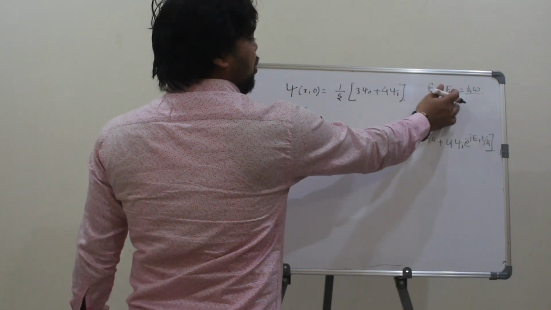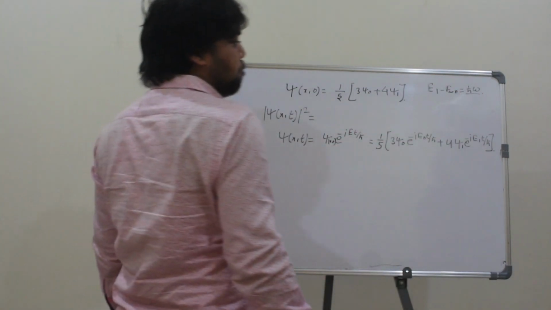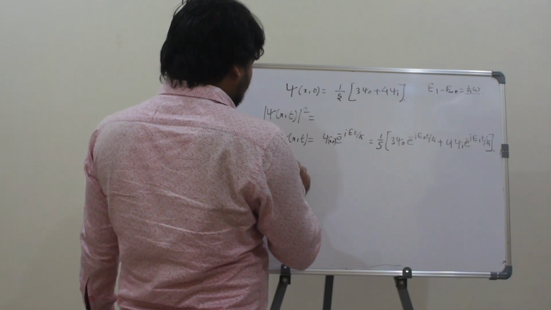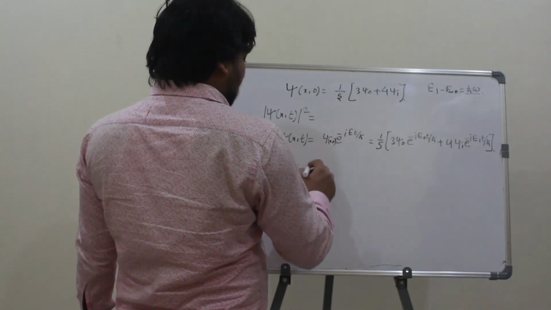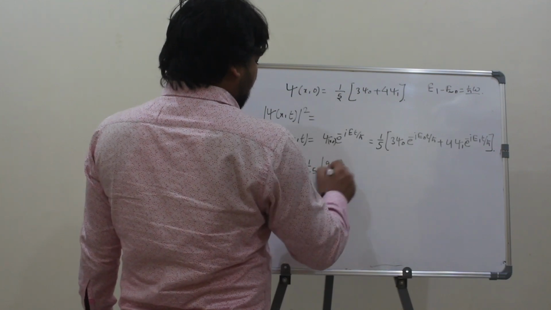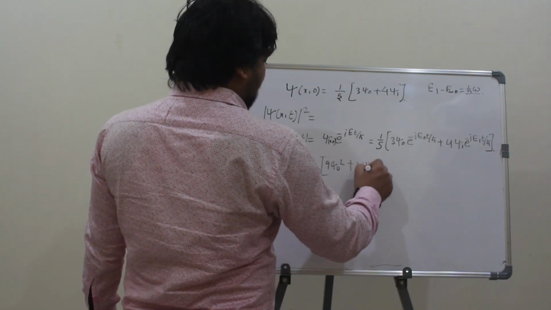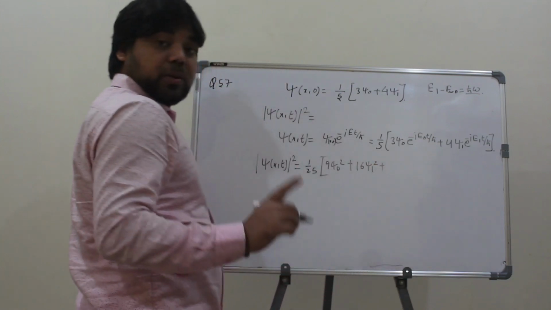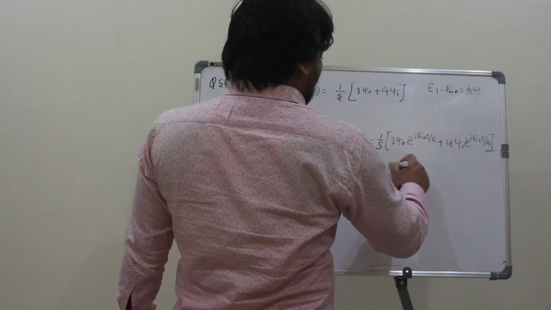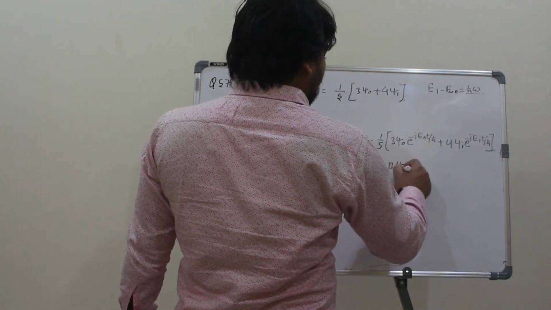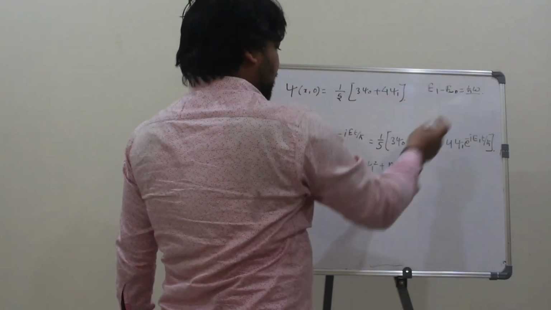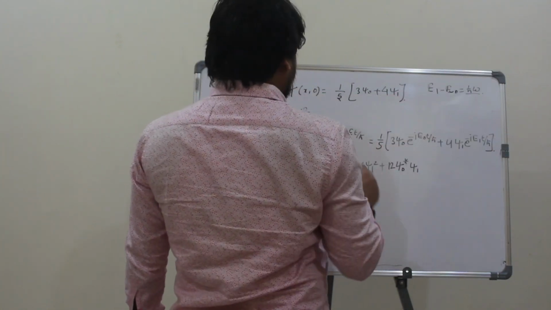It is 3 by 2 h bar omega minus half h bar omega. So this is the difference. When we take the mod psi(x,t) square, it will give you cross terms like 1 by 25 of 9 psi naught square plus 16 psi 1 square plus 12 psi naught star psi 1, because you are taking psi star and psi.